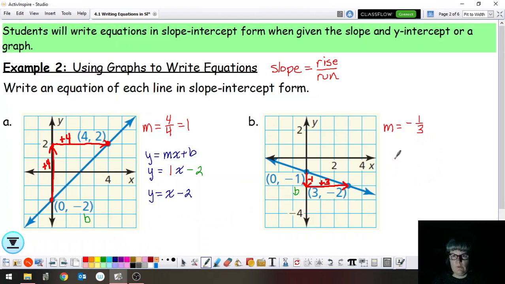And we can write the equation of the line. So if I replace m, I'm going to replace it with -1/3. And b is going to be replaced with another negative value. Y-intercepts aren't always negative, we just happen to have a number of examples where it was negative.